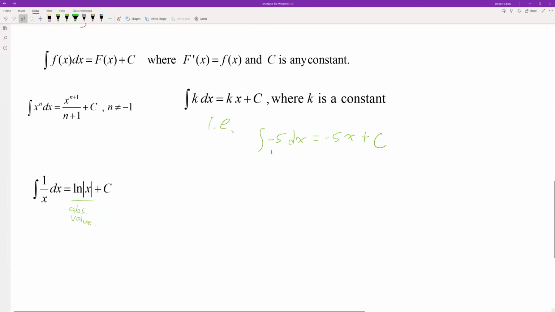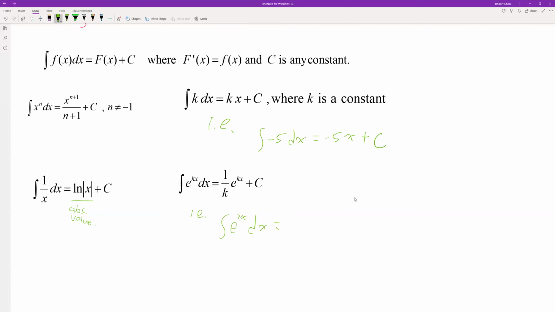All right. Now the last one is the integral of e to the kx. Right. So to integrate e to the kx, we just divide by the constant in the exponent k. Okay. So let's say I want to integrate e to the 3x dx.